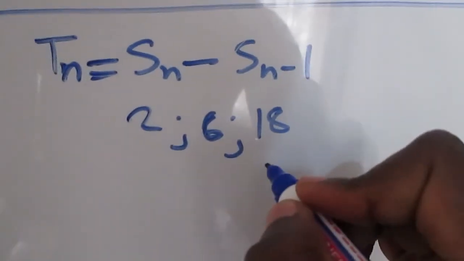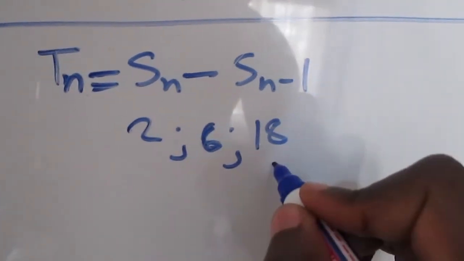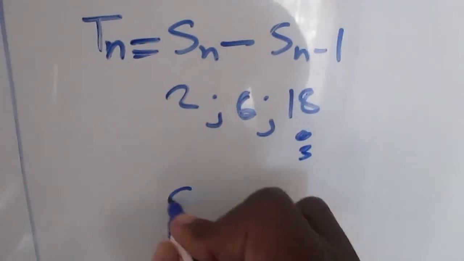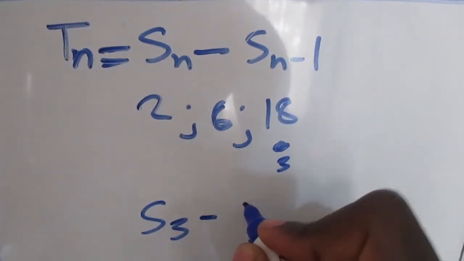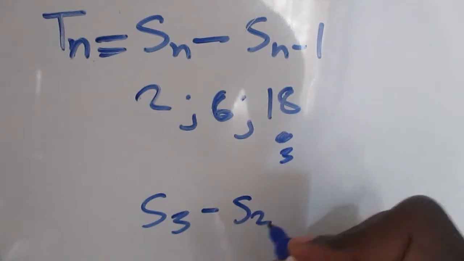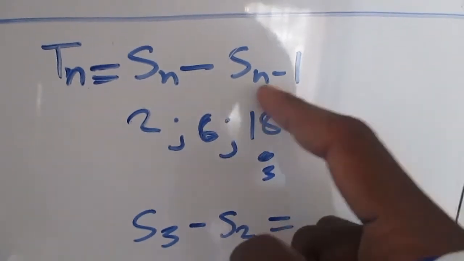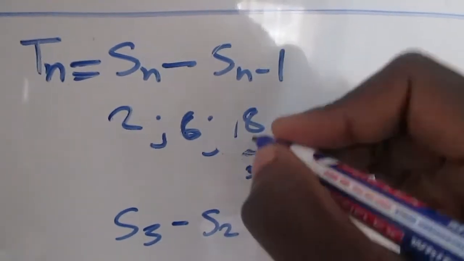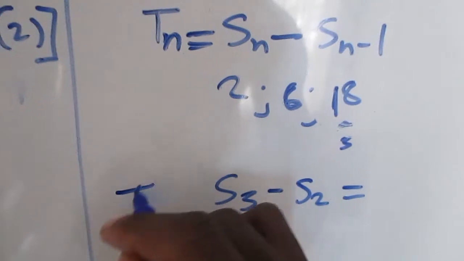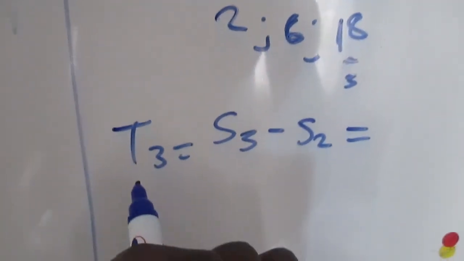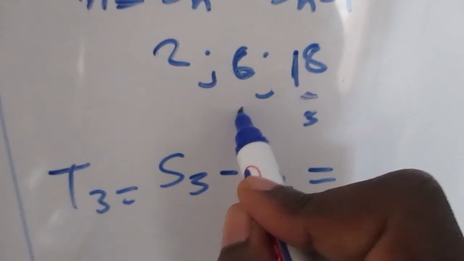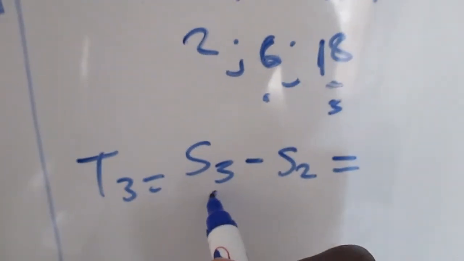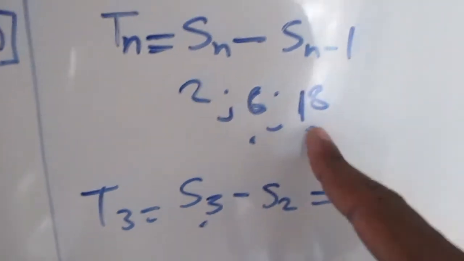So let's say we want to find the sum to 3 terms. So Sn, so S3 subtract S, so n minus 1 will be 2, will give us this value over here. This is what this means. So to find the third term, you subtract the sum to the second term from the sum to the third term. That is how you basically find your 18.